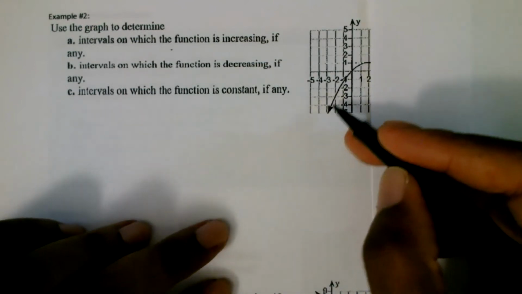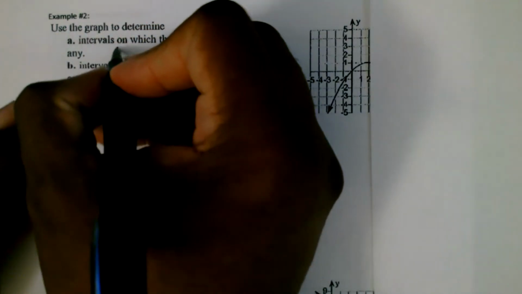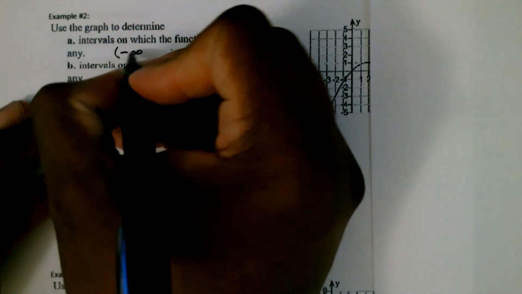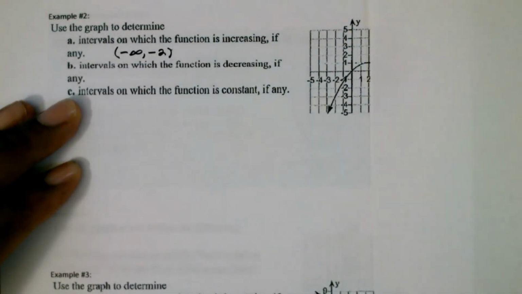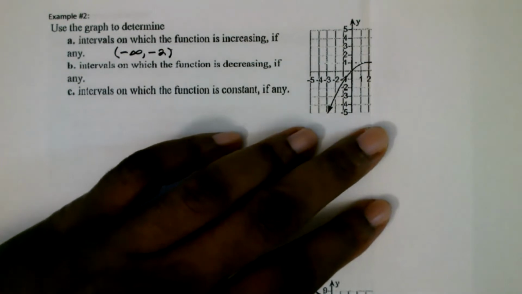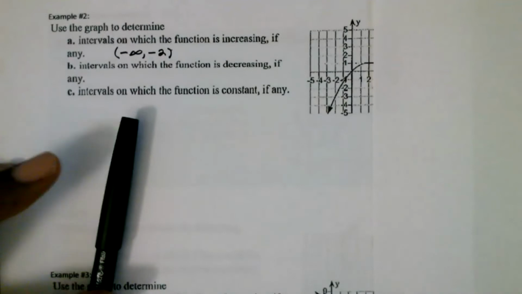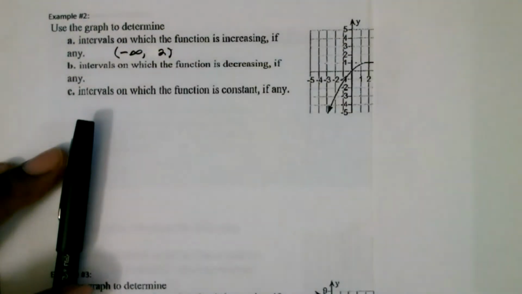So from -infinity up to 2, we can see that the graph is increasing. So here's the interval, -infinity to 2.